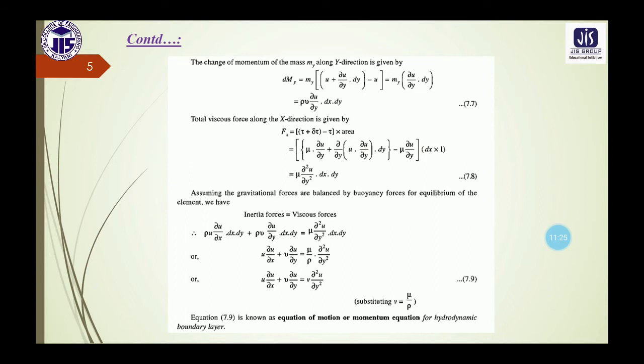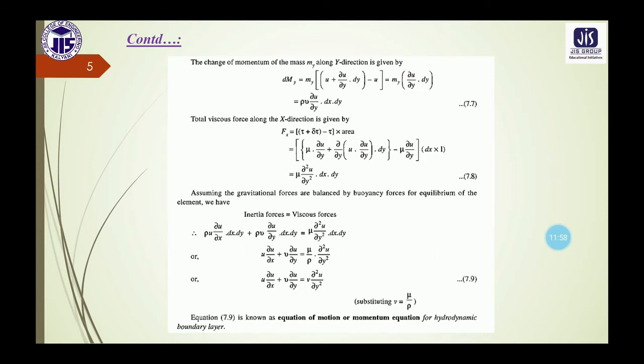Now what will be the total viscous force along the x direction? The total viscous force can be represented as Fx equals tau plus del tau minus tau for the two different faces multiplied by the area. Now from Newton's law of viscosity, we put the value of the shear stress, which is proportional to the rate of shear strain, which we have studied in Newton's law of viscosity.